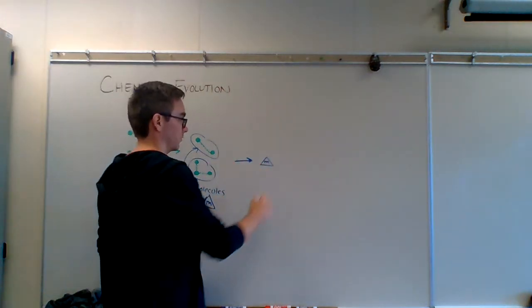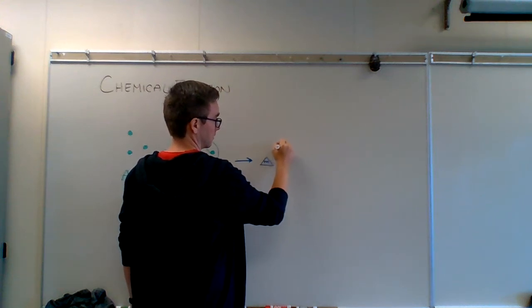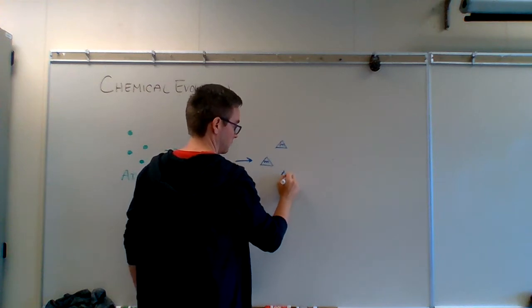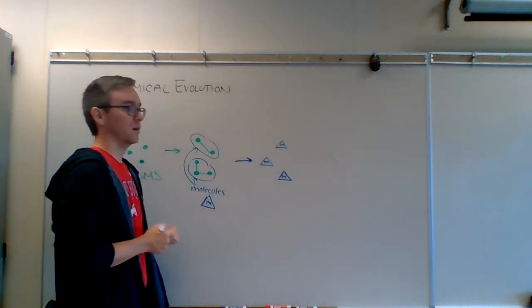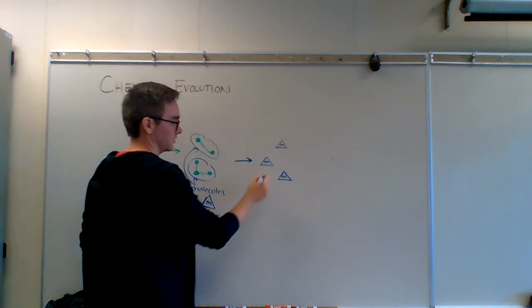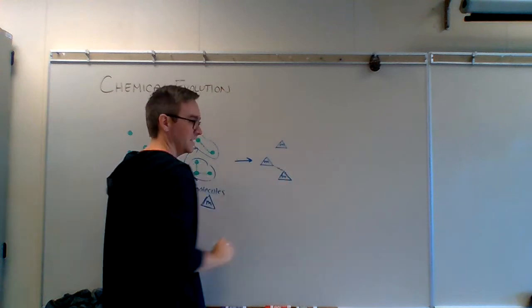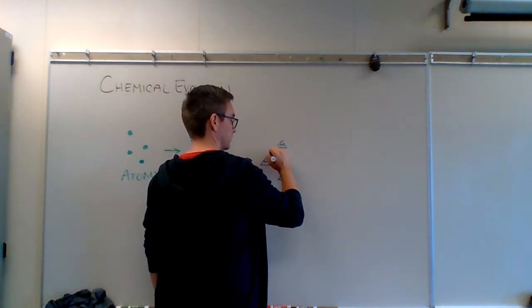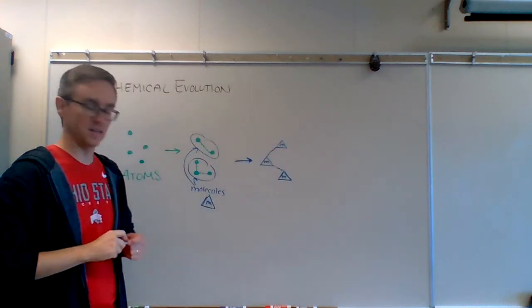So we start getting different molecules interacting. Notice we're getting bigger and bigger molecules here, and we start to have interactions between them. We start forming what we call intermolecular bonds between different molecules, and they start connecting together.